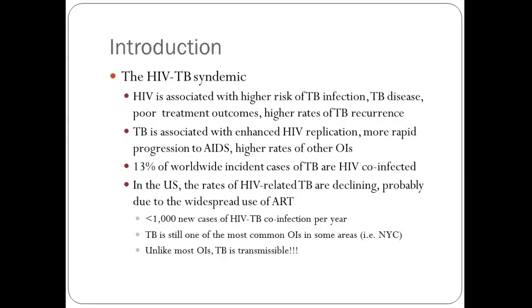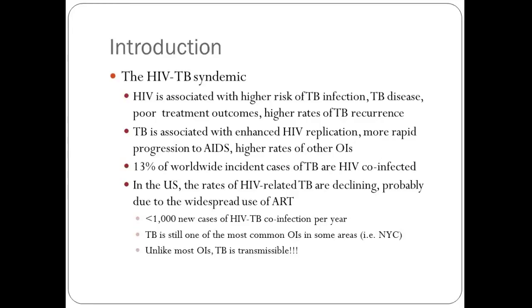That's why in the guidelines you will see that anytime somebody is diagnosed with tuberculosis, one of the things you have to do is, if the patient has not been on HIV treatment, the patient should be started on HIV treatment. We will talk next week about when to start treatment, but definitely treating the two conditions is necessary.